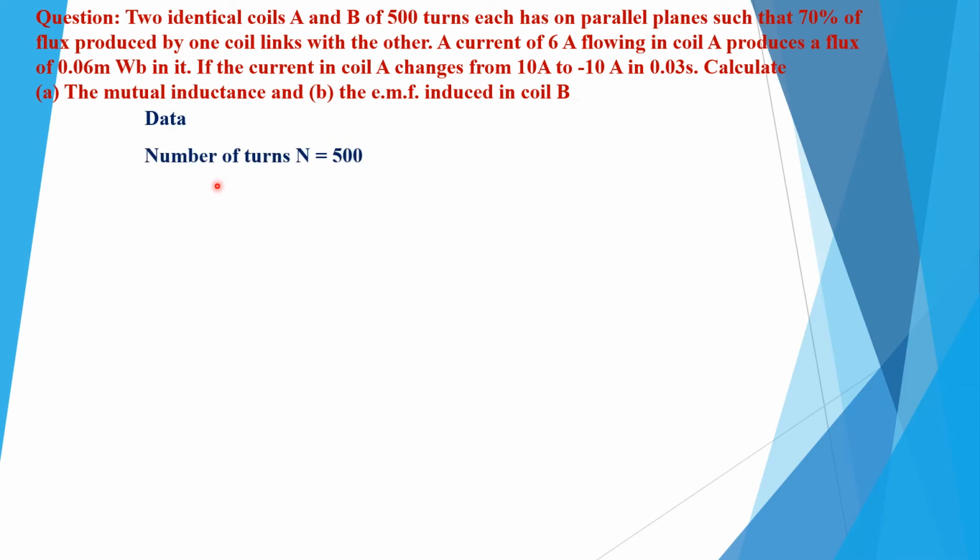So the number of turns of each coil is equal to 500, the same in both coils, and the primary magnetic flux, that is the magnetic flux through coil 1, phi1, is equal to 0.06 milliwebers, and milli is equivalent to exponent minus 3.